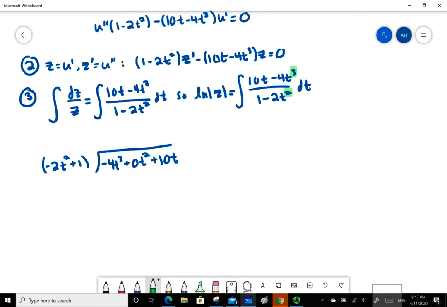We start by asking ourselves, how many times does negative 2t squared go into negative 4t cubed? Well, it goes in 2t times, and then we multiply negative 2t squared plus 1 by 2t to get negative 4t cubed plus 2t, and write that result below so that we can subtract.